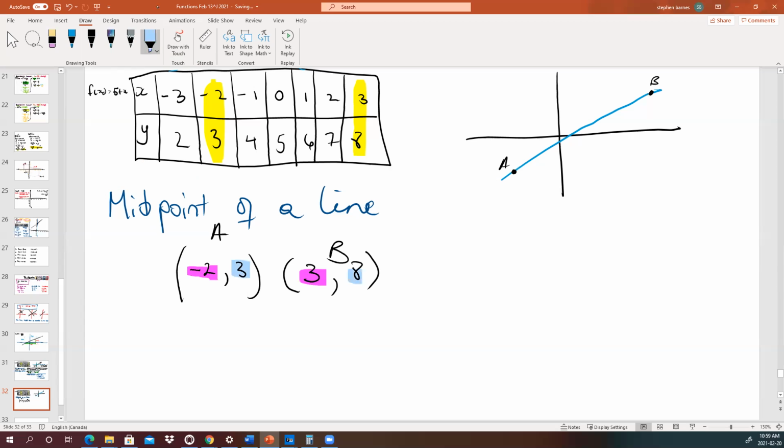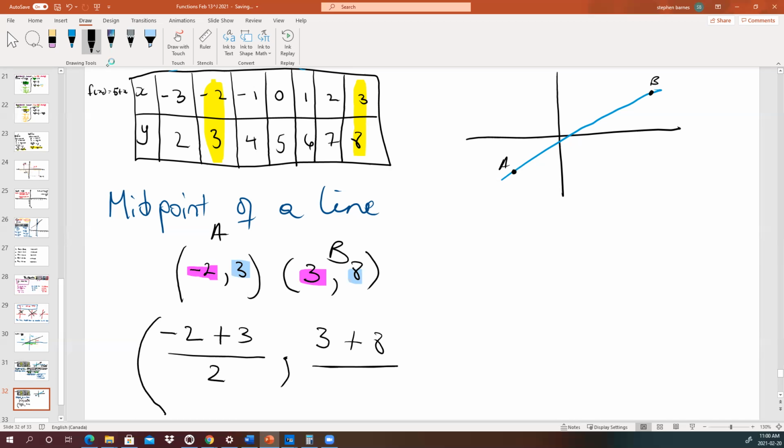So we're going to add our X values and divide them by 2. So you have -2 plus 3, you divide them by 2, put a comma in the middle, because remember it's a coordinate you're going to get, and then you add your Y values, which is 3 plus 8, and you divide those by 2, because you're finding halfway between your y's and halfway between your x's.